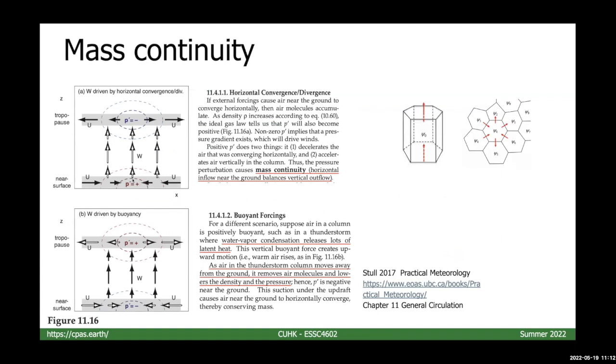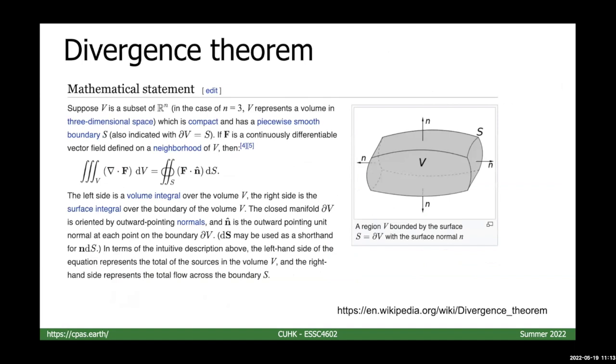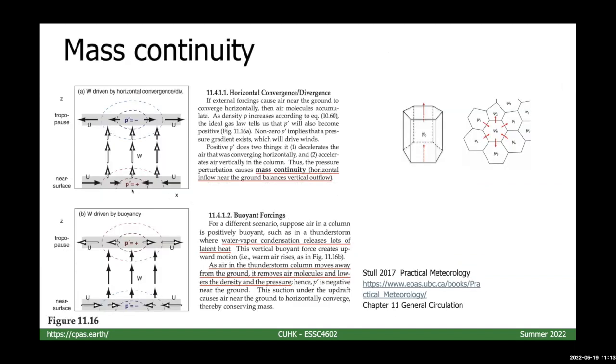So there is a scalar variable representing pressure for the center of the cell here. When you carry out numerical simulation of this set of coupled finite differential equations, the calculations will result in the pressure variable increasing because the horizontal flux is going into the cell, and then air is compressed, and then P is increased.